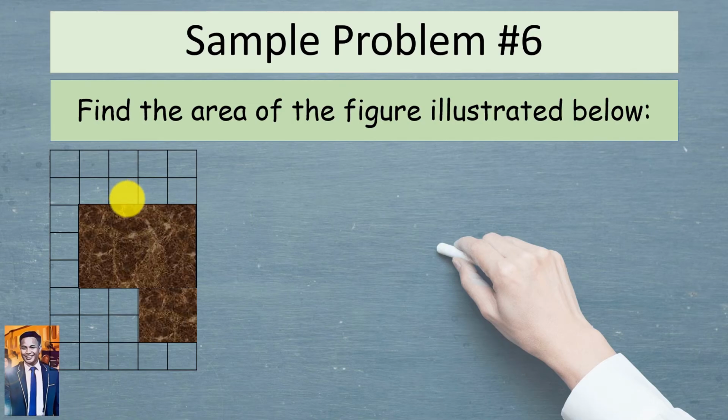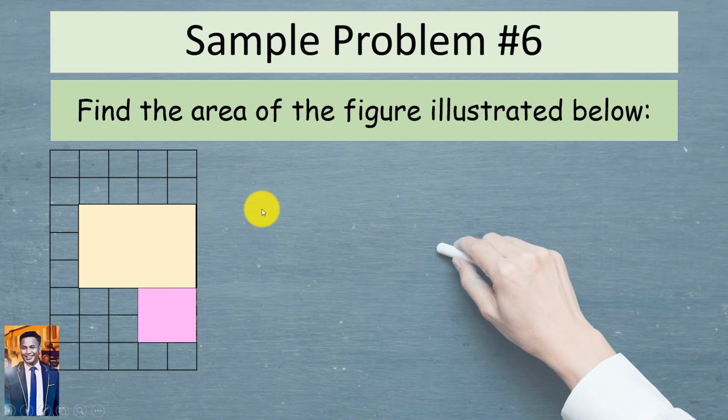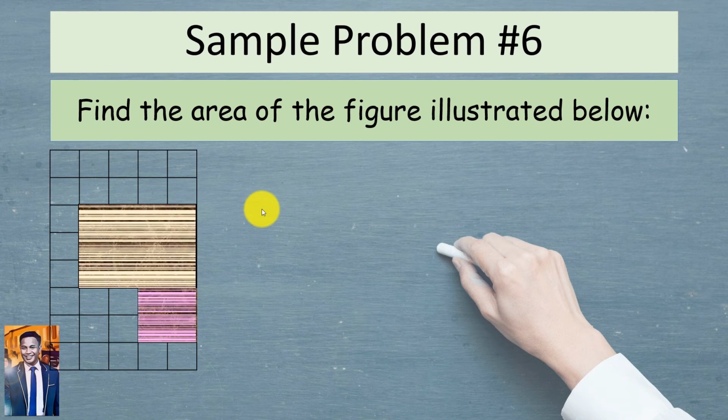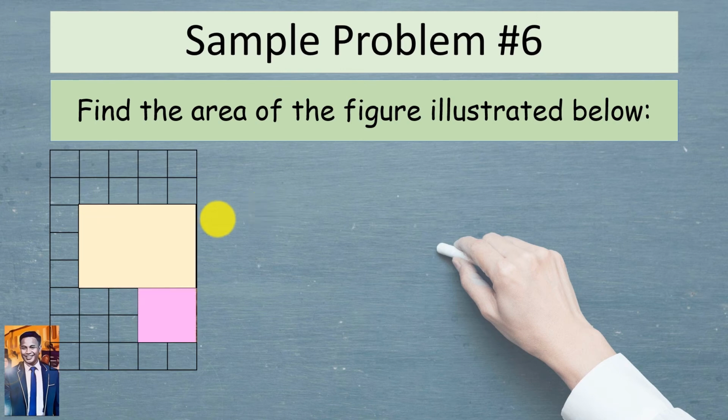Gagawan natin siya, gagamitan natin ng color coding. Okay? Yan. Okay, kaya kung mapapansin nyo, hindi nagbago yung measurements natin, pero nilagyan lang natin ng color coding. First, let us compute for this rectangle. Okay, itong rectangle na ito.